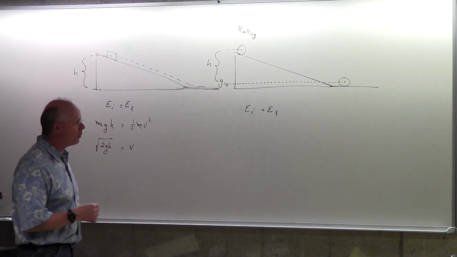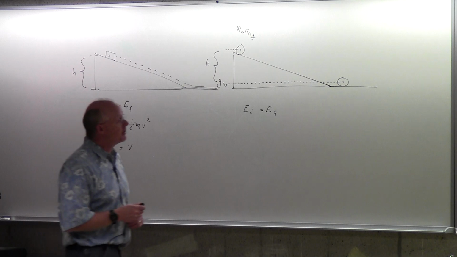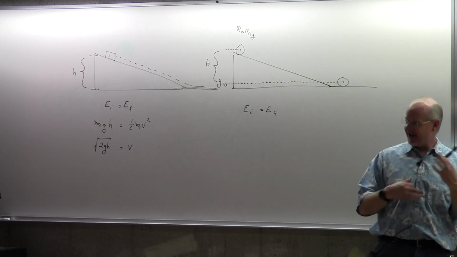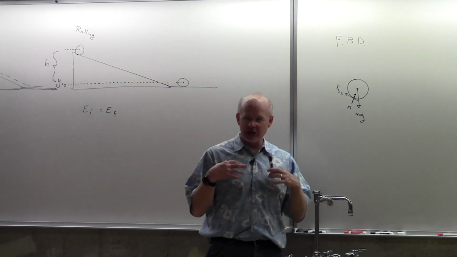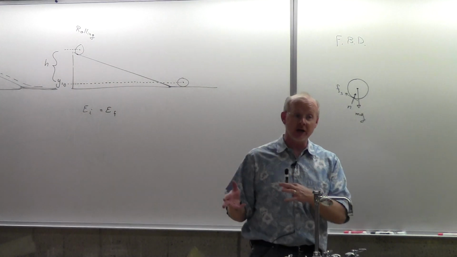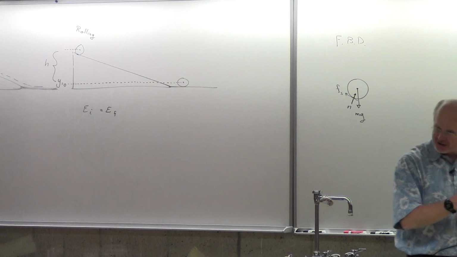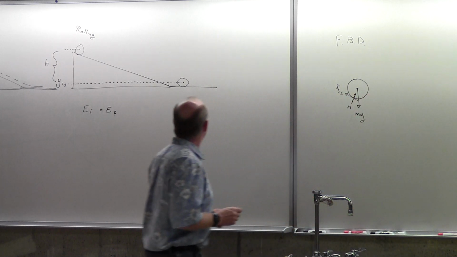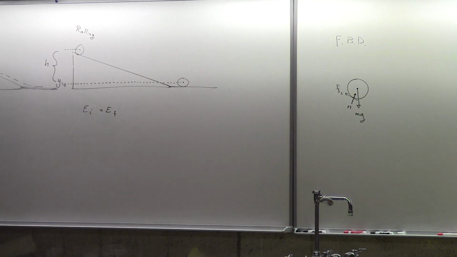Without that, I wouldn't have it. But this gives me an opportunity to say, did you see how I solved the problem? I analyzed it. I drew the free body diagram. I looked at the forces involved, and I looked at how those forces were torques. And the forces made the translation and the torques made the rotation. That's what I wanted you to see, right? That little pattern, that little free body diagram.